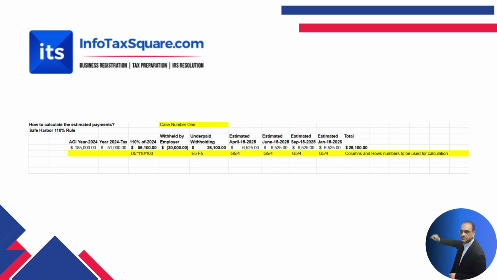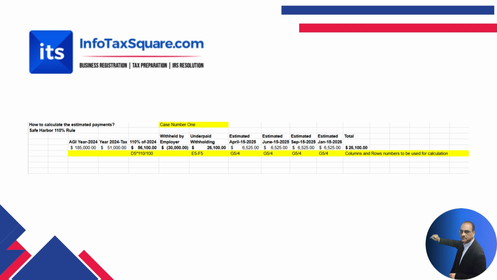So in this case, Yusuf had AGI of $185,000, which exceeds $150,000, and his employer only withheld $30,000. And his liability for 2024 was $51,000.